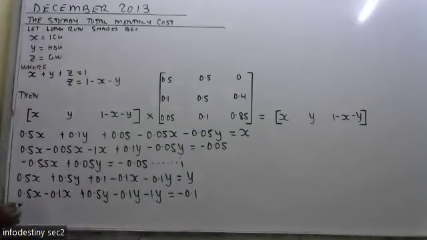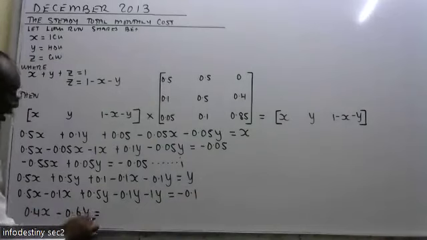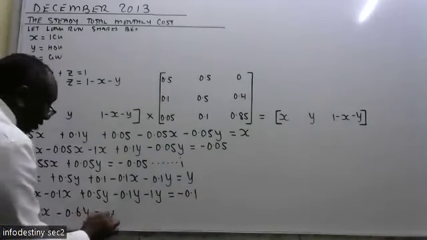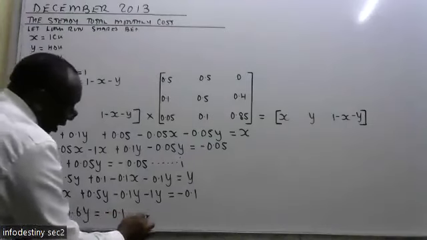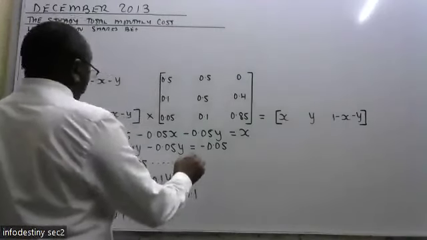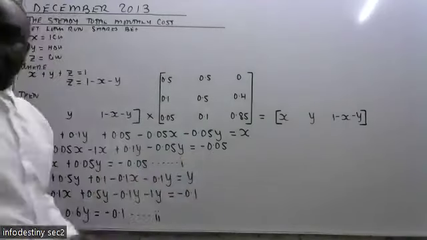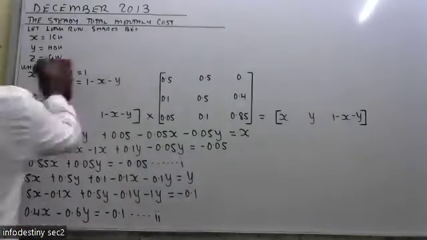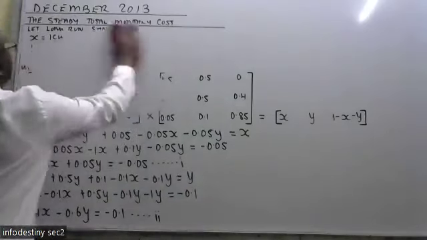So this one you are left with 0.4x minus 0.6y is equal to minus 0.1. And this one you call equation number 2.